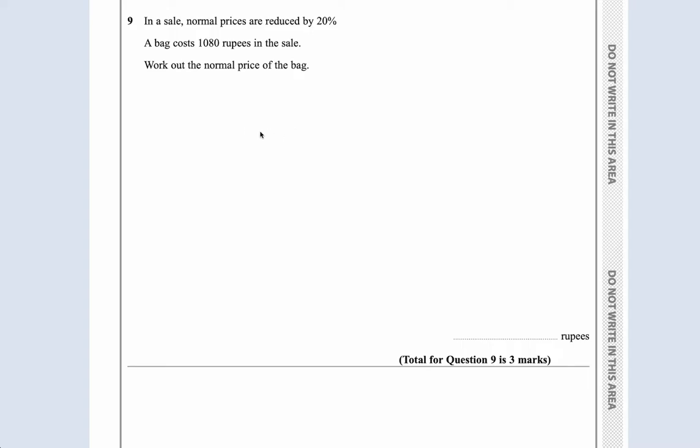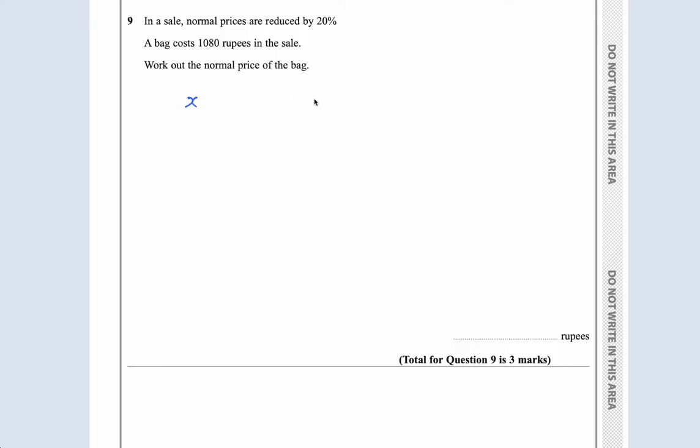Okay, question 9. In a sale, normal prices are reduced by 20%. A bag costs 1080 rupees in a sale. Work out the normal price of the bag. Okay, so I'm going to do it this way, guys.